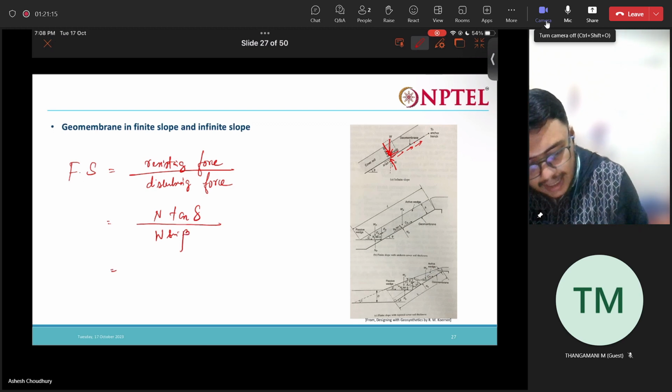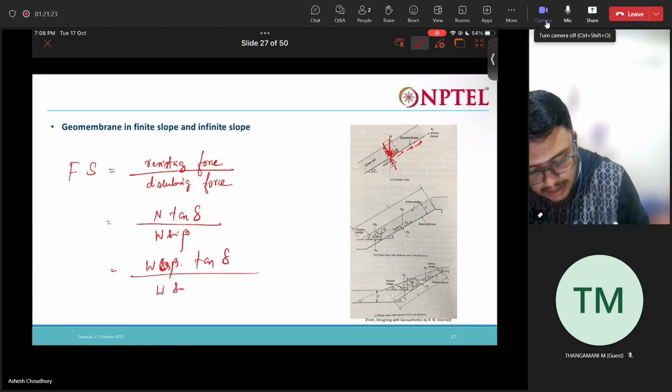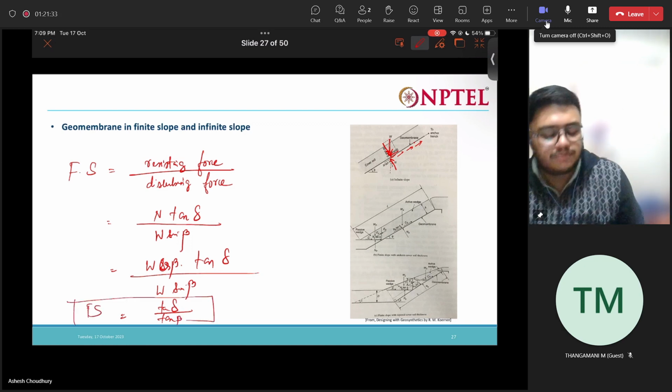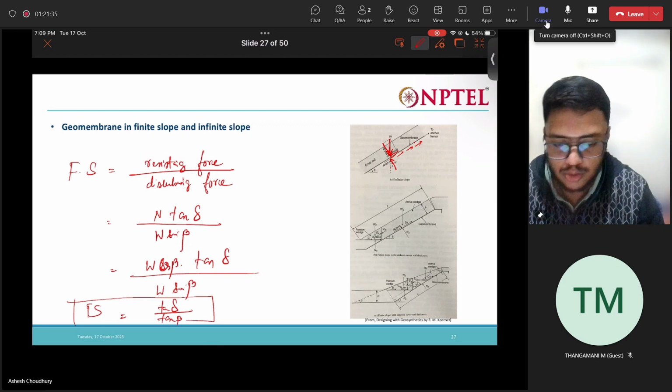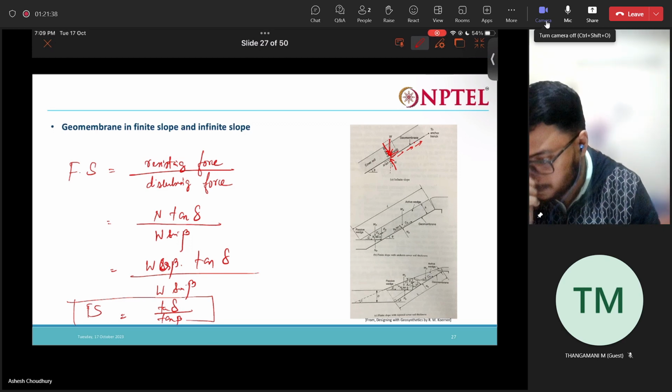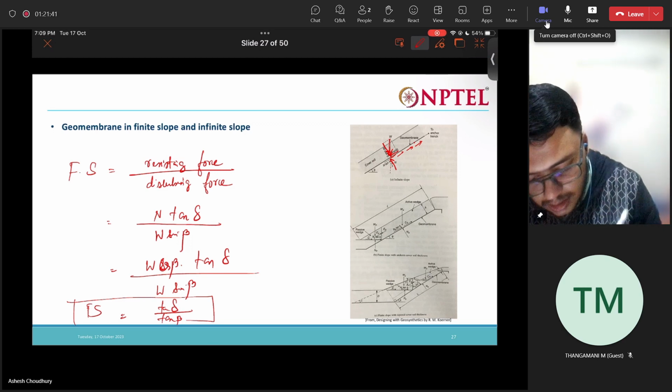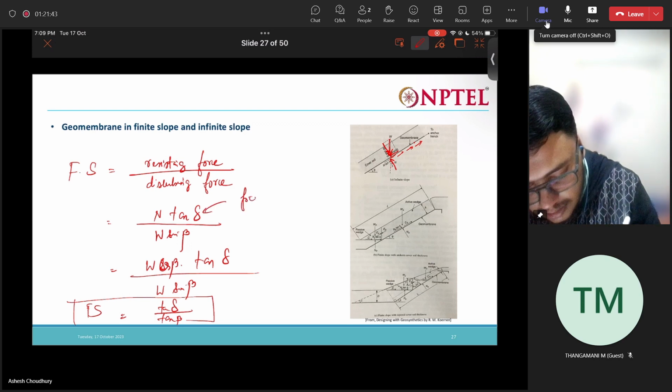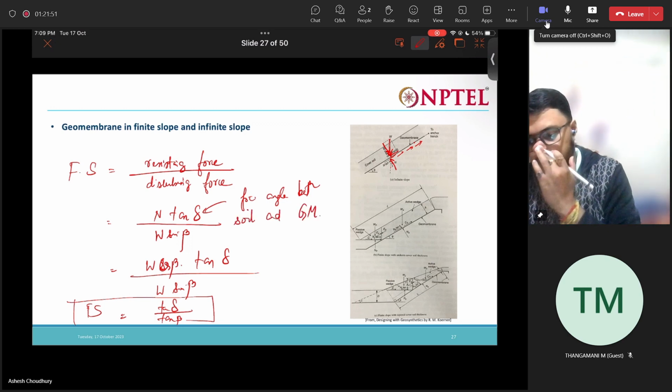So what is N? N is nothing but W cos beta. So the factor of safety is W cos beta tan delta divided by W sin beta. W cancels, so tan delta by tan beta. This is the factor of safety in the case of a finite slope. Okay, delta is the friction angle between soil and tube.